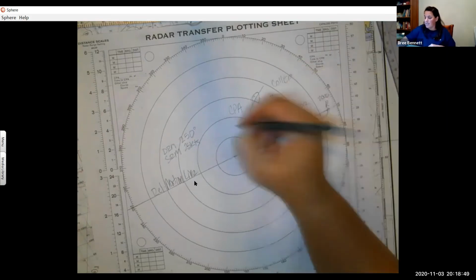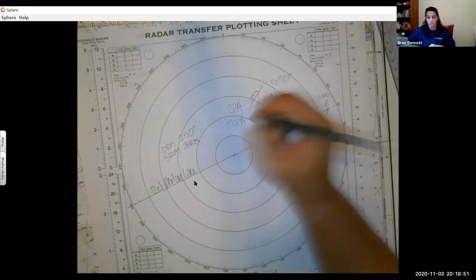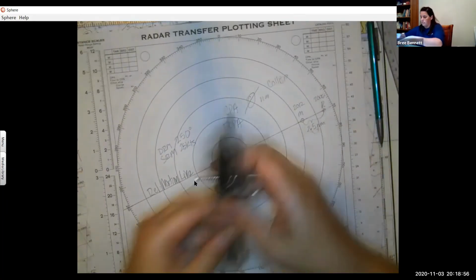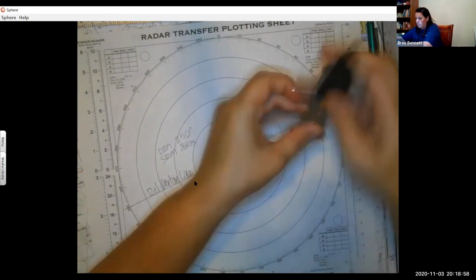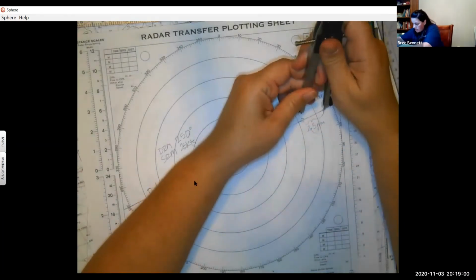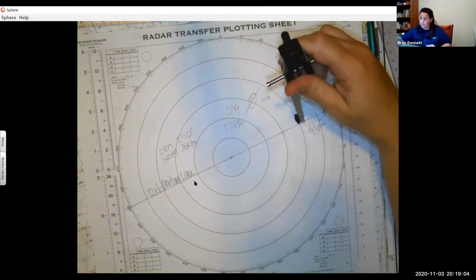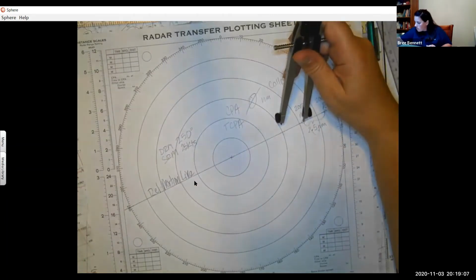And then we want our time of CPA. So when is that collision going to happen? We get our 6 minutes from our R to M. Then we walk this over.